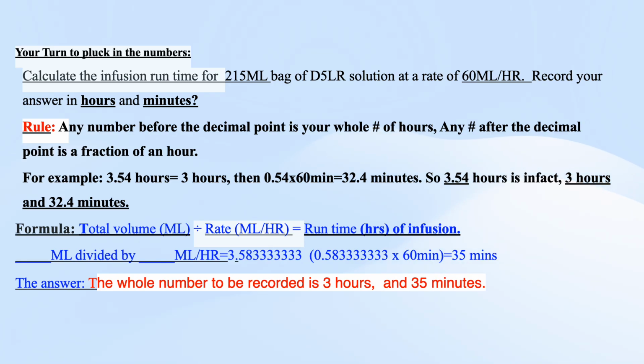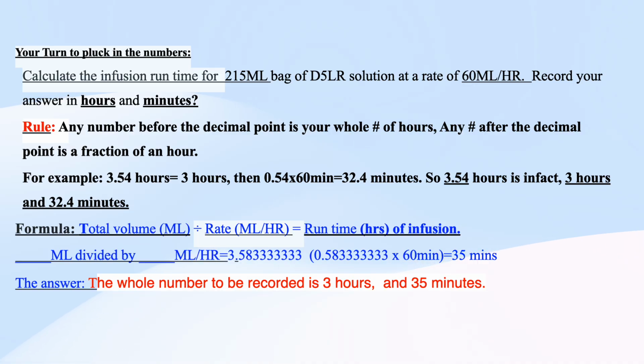First, let's identify what is the volume here. Go ahead and circle it. It must be your 215 ml. Now you'll see other numbers like D5LR, 0.9% normal saline. Now there are distractors within these questions, and you need to know how to cancel them out of your mind. They are names of the solutions that we use.